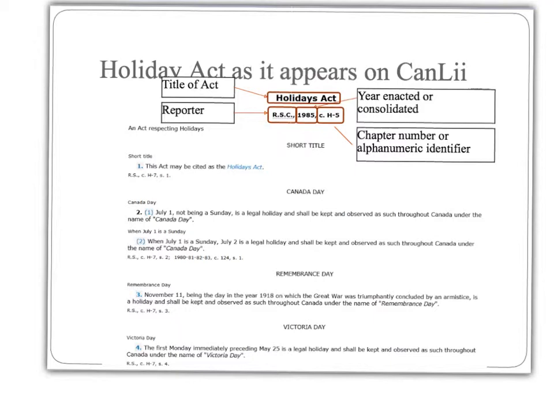When you are citing from an online search engine, you need to add in brackets after the citation where it came from. So in this case, you would have the citation as you wrote it before, but you would also include in brackets CanLII, so that the reader knows that you found it online.